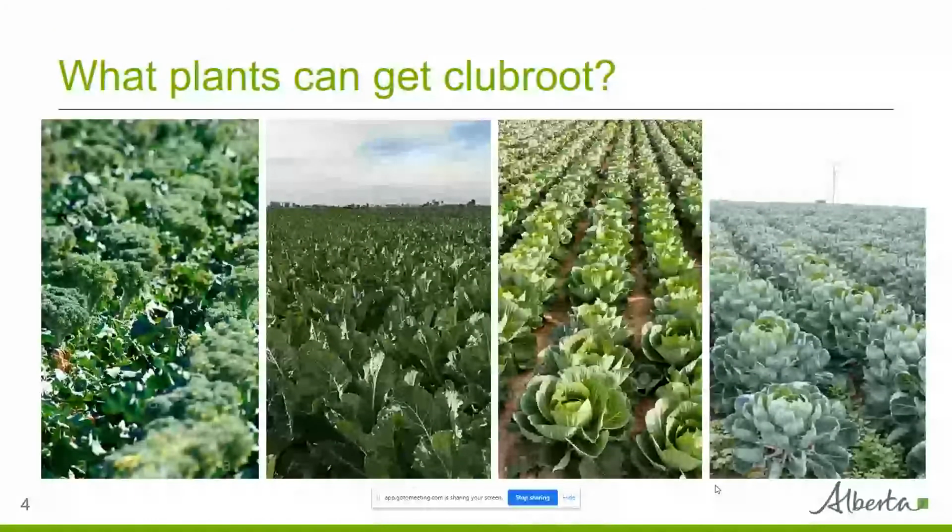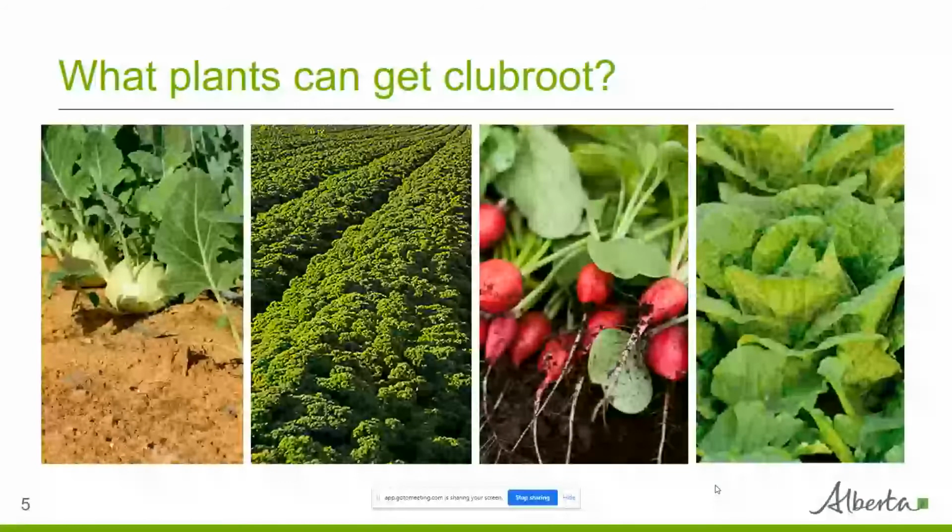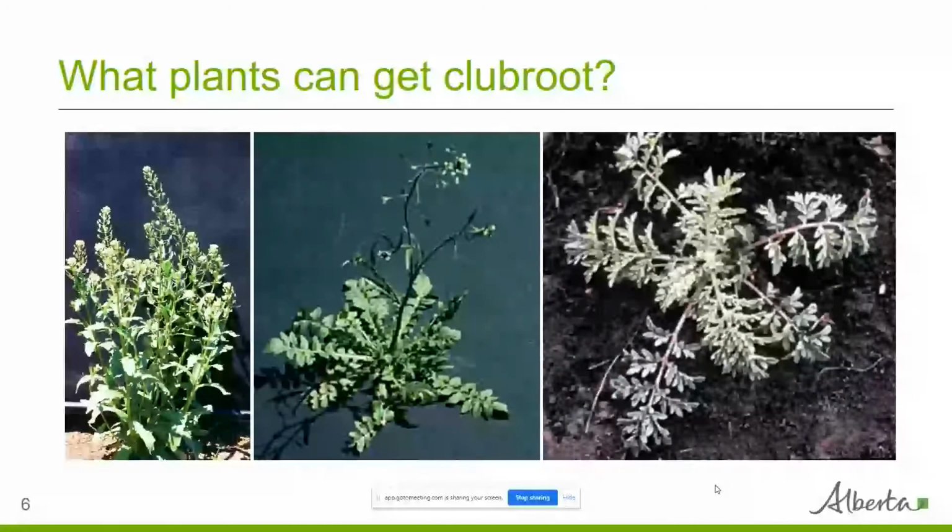So it's not just canola that's a host for this disease. Going from left to right, you have broccoli, cauliflower, cabbage, and Brussels sprouts. These are all hosts for the clubroot pathogen. Again, going from left to right, kohlrabi, kale, radish, and other leafy brassica vegetables like Chinese cabbage. There are also weeds that can get clubroot: from left to right, we have stinkweed, shepherd's purse, and flixweed.